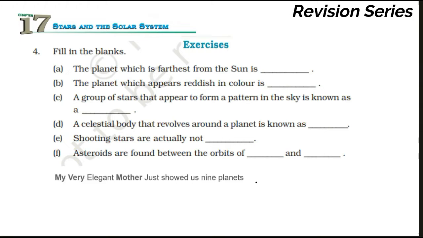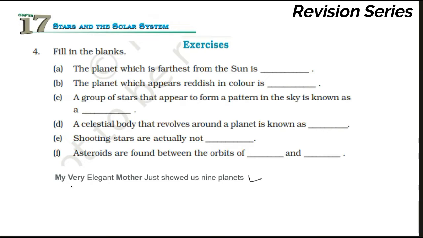You can make your own sentence like: My very elegant mother just showed us nine planets, right? It's a kind of mnemonic where the first letter of each word reminds us of the name of a planet.